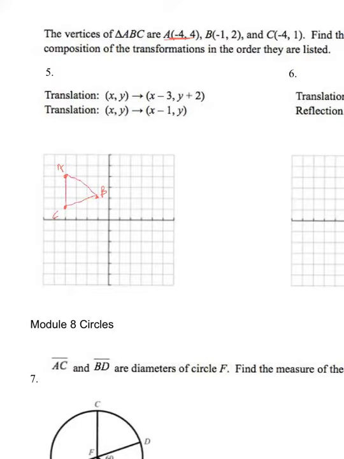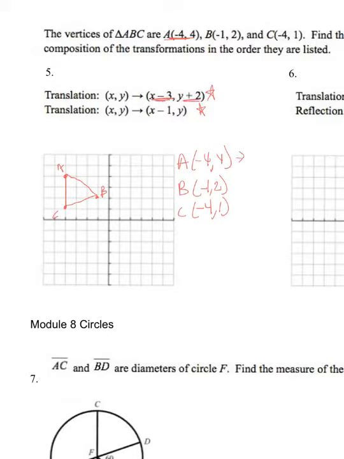So after we've got our original triangle, we're going to do 2 different translations to see where the figure lands. So our first translation, I should write the original coordinates down for A, B, and C: negative 4, 4, negative 1, 2, and negative 4, 1. So on the first one, I'm taking 3 away from x and adding 2 to y.